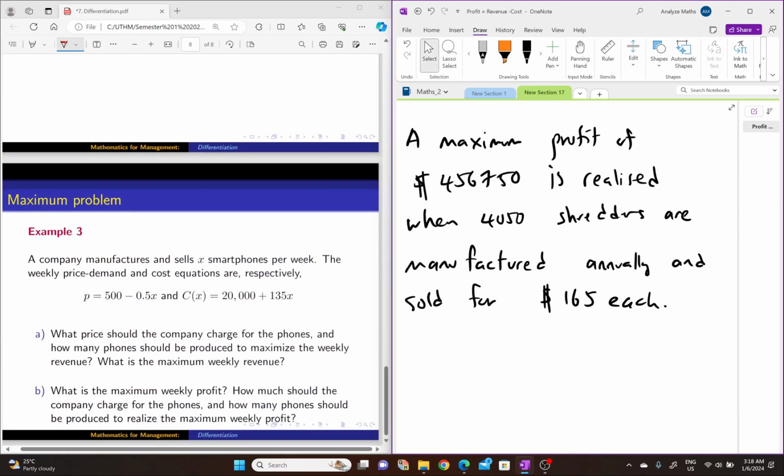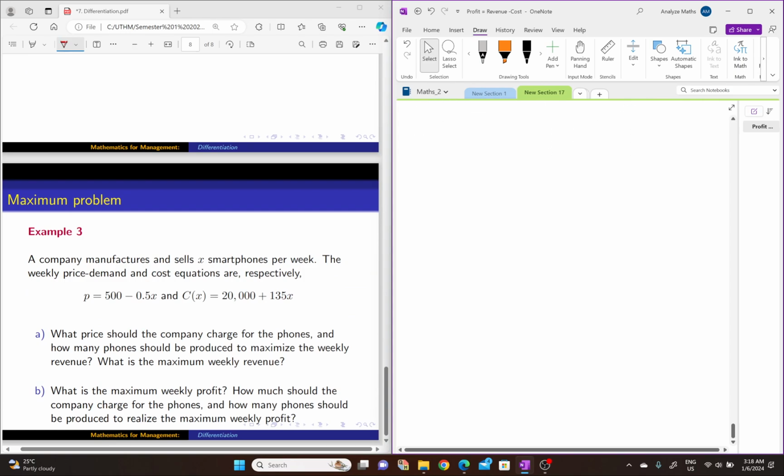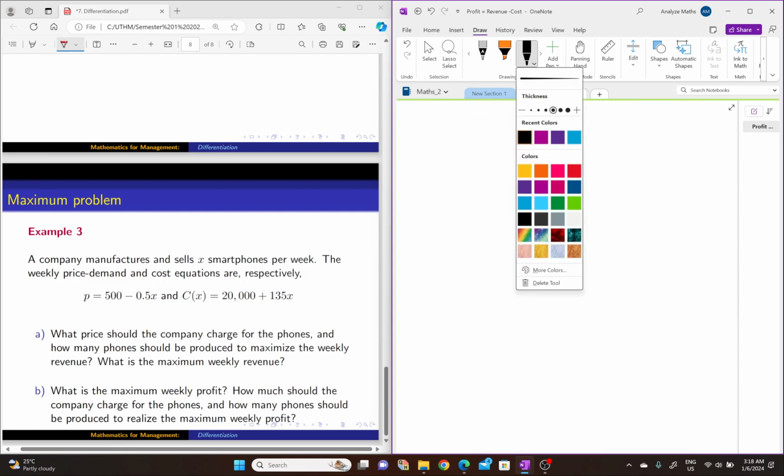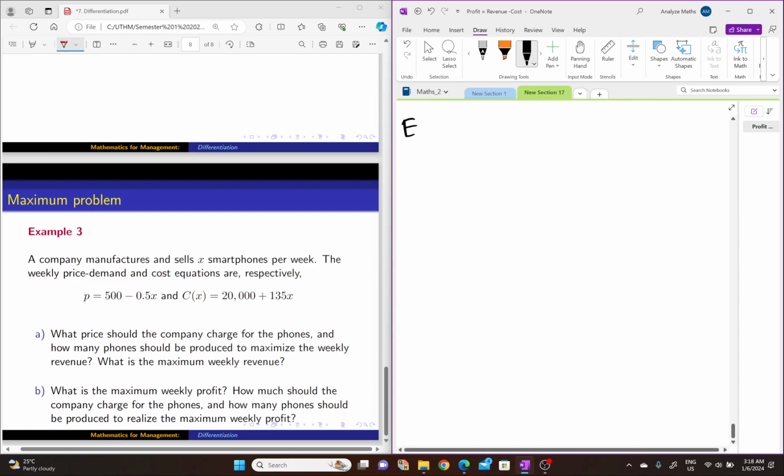Okay, and the last one, example 3. The company manufactures and sells x smartphones per week. The weekly demand, price and cost respectively, all these things.